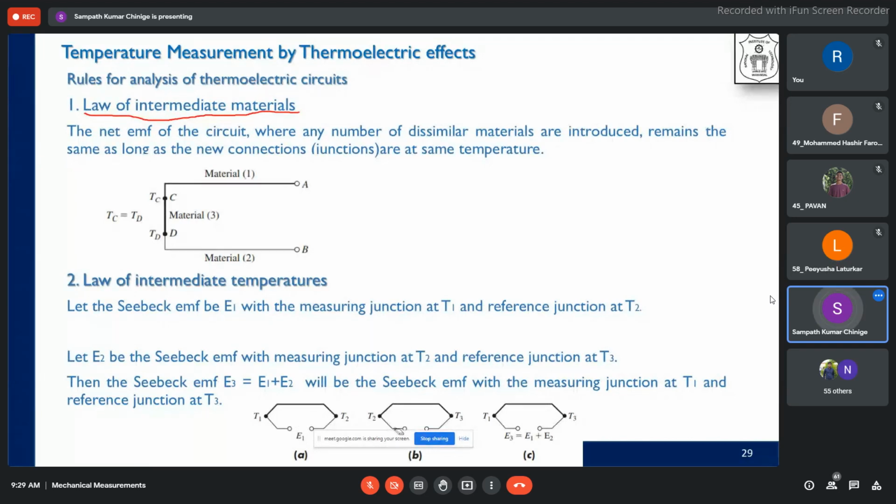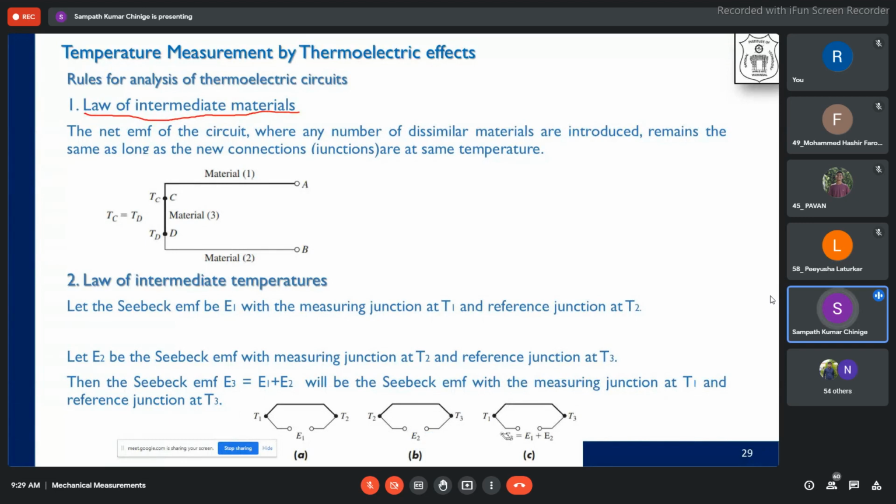Similarly, the second material and a third material I have made into a thermocouple, where because of T2 and T3 and the change in the Seebeck coefficient, we have an electromotive force E2, which is other than E1. Now, suppose I make another thermocouple with T1 and T3.